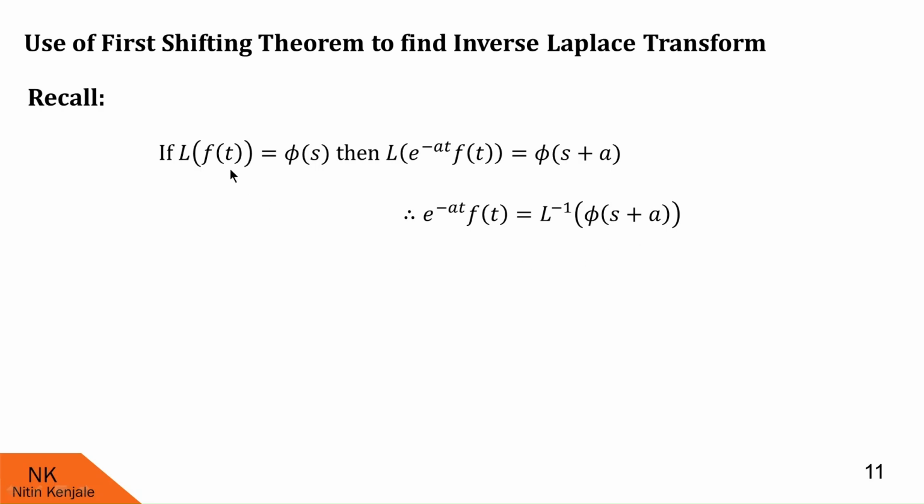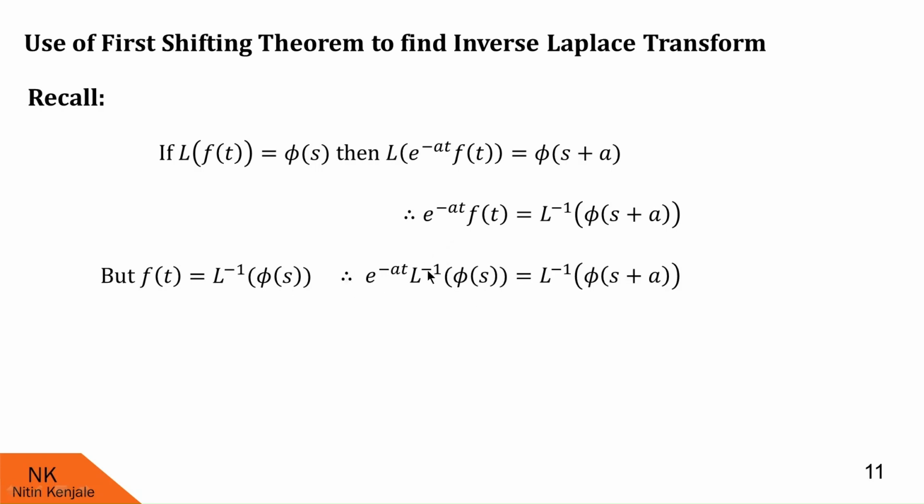Note that since L of f of t is phi of s, f of t is equal to L inverse of phi of s. So we replace this f of t by L inverse of phi of s to get e raised to minus at into L inverse of phi of s is equal to L inverse of phi of s plus a.